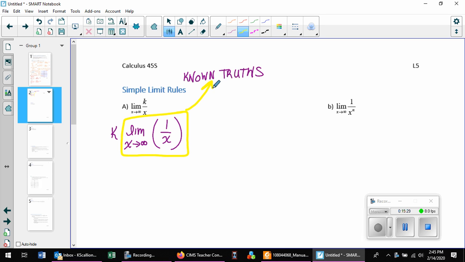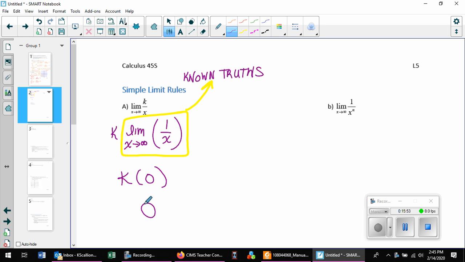So this is our known truth. What do you know that we just figured out this is worth? As x approaches infinity, what's the limit as x approaches infinity of 1 over x? You just solved for it. 0. Anything times 0 is 0.